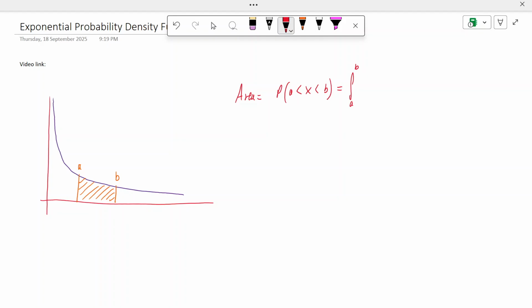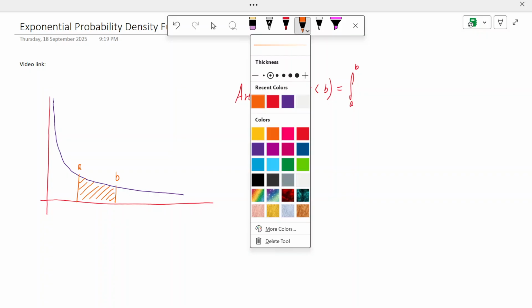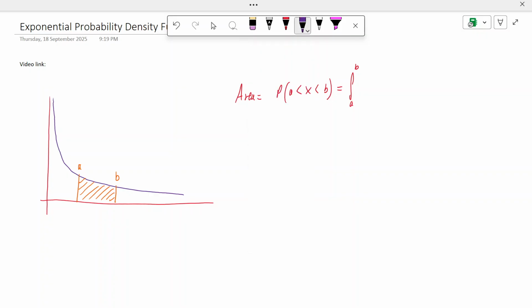Now, in this particular case for this function, we're just going to give it the general form of an exponential function. So I might say that f of t equals some kind of constant. Often you'll see lambda used, but it could be anything, multiplied by e to the power of negative that exact same constant times t.